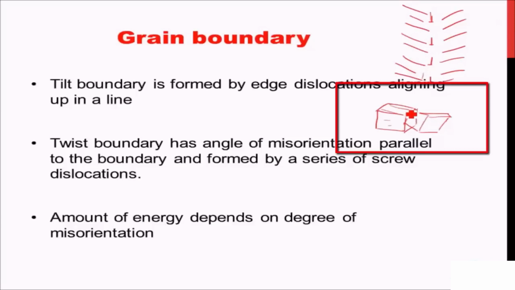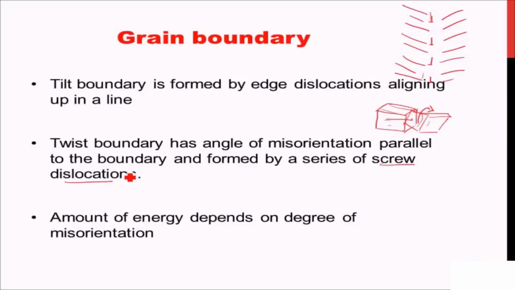So basically there is a twisting of the atoms. The atoms in this arrangement are twisted with respect to the atoms in this arrangement. So you just provide a twist for all the atoms, and this can be taken care of by a series of screw dislocations. Okay, so these are the two types of grain boundaries that can be there.